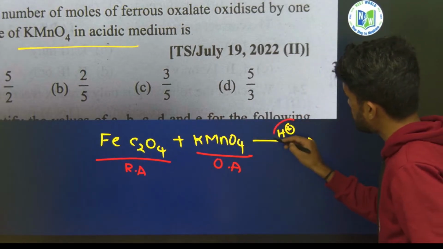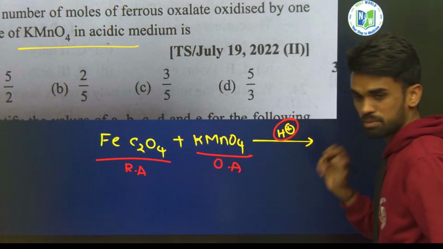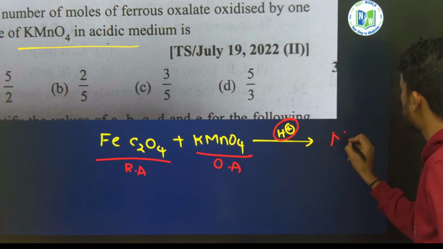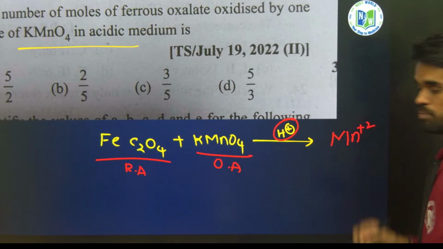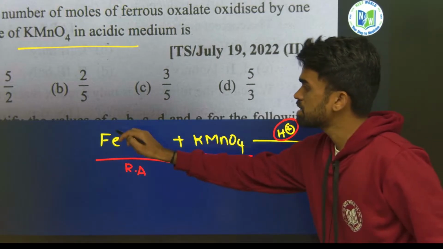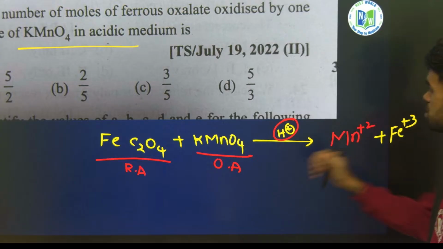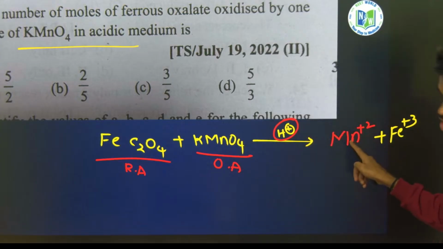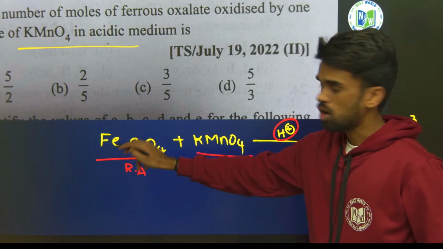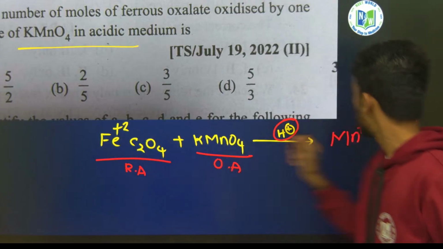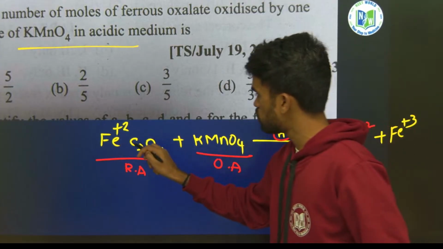Whenever you are doing this reaction with KMnO4 in acidic medium, manganese will convert into Mn+2. Whereas iron will convert into Fe+3. It means manganese is undergoing reduction, iron is undergoing oxidation from +2 to +3, and C2O4 2- is there.